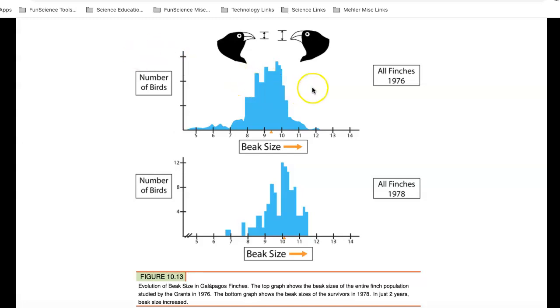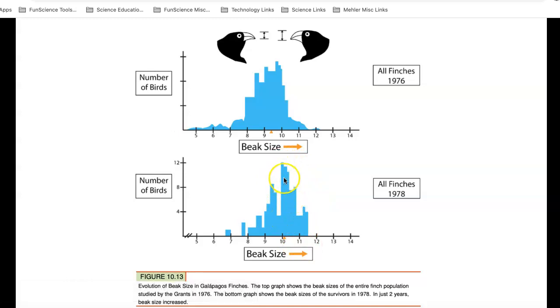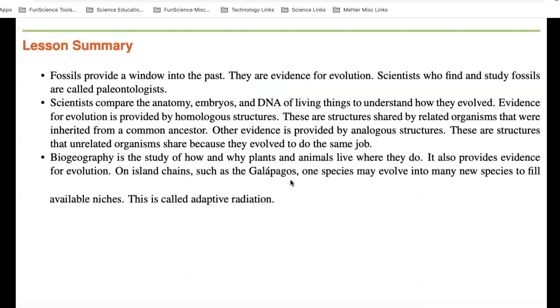For example, take a look at this. Here's beak size right here, and the year was 1976. There was a drought for the next 2 years, from 76, 77 into 78, and when they measured, it was a couple years later, but the beaks of the surviving birds did become larger. So we can see evolution in action.